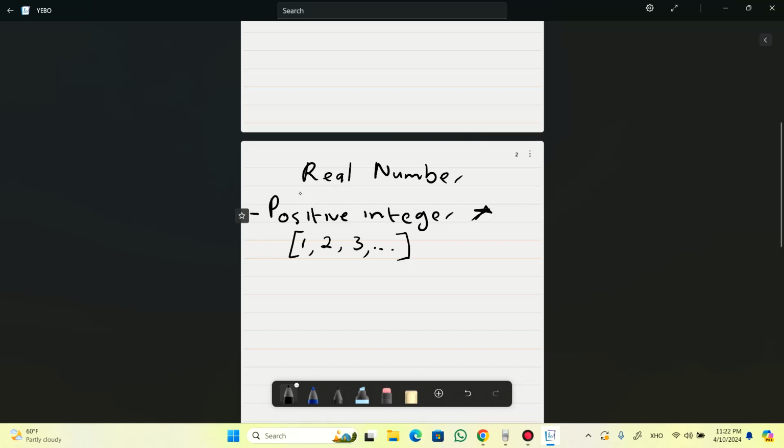Okay, so if you know that now, you notice that positive integers are numbers that are used to count things. So meaning starting from 1, 2, 3, 4, 5, 6, 7, 8, 9, 10, and so on and so forth, right? Okay, so now what if we include a 0 there?